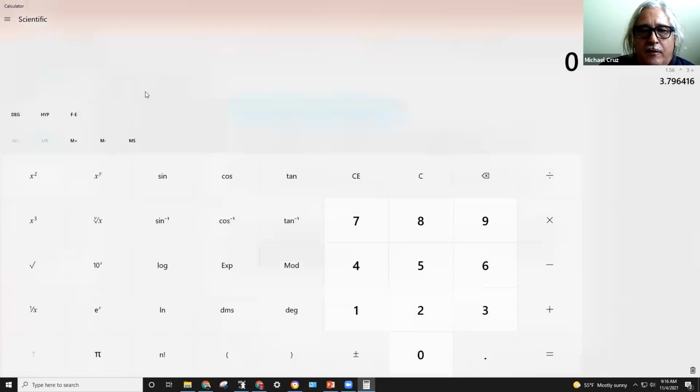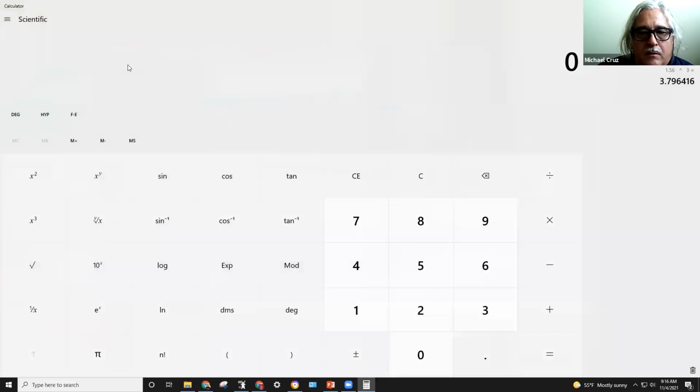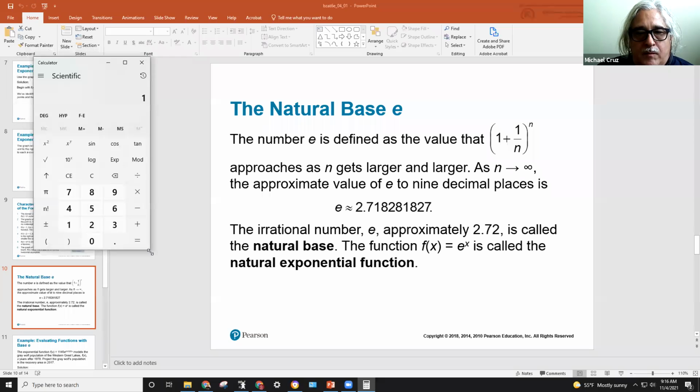There's one calculator that I know I was doing in my other class, and it had the e on it, where you could just say, okay, well, here we go. Oh, you can only see it when it's bigger. Okay, so bigger.